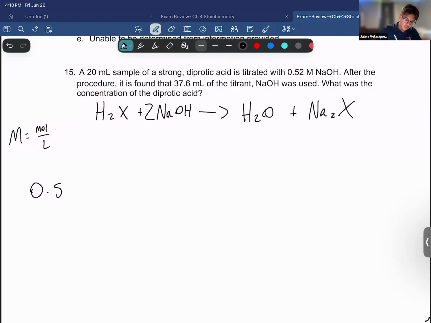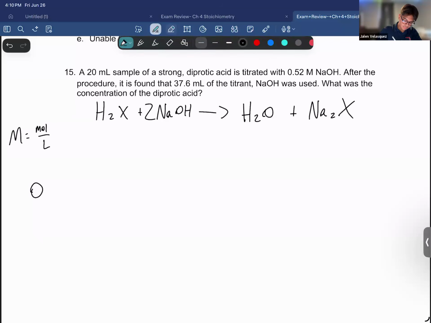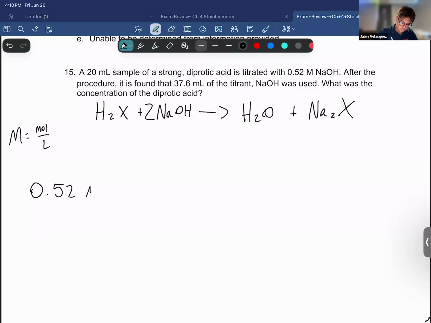So 0.52 molar, it's X amount of moles divided by 0.0376 liters. You solve for the moles.